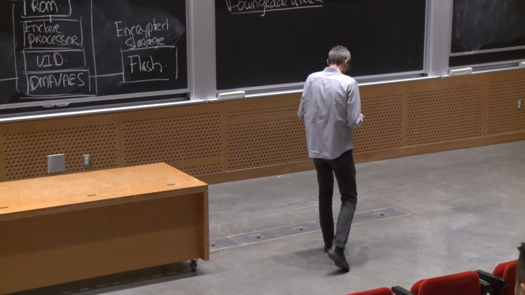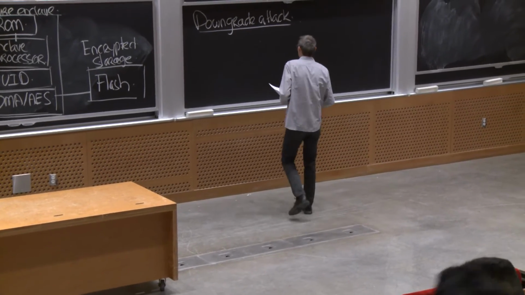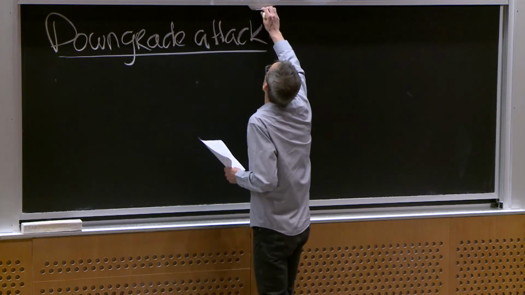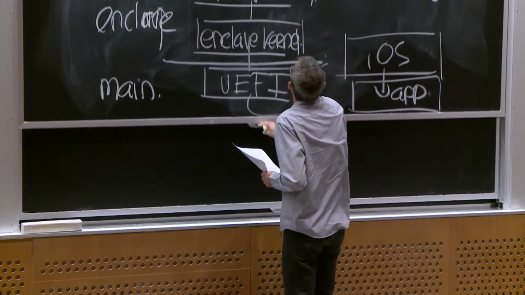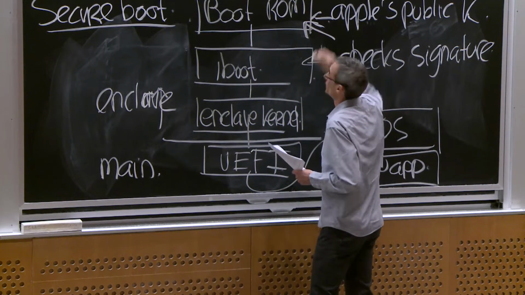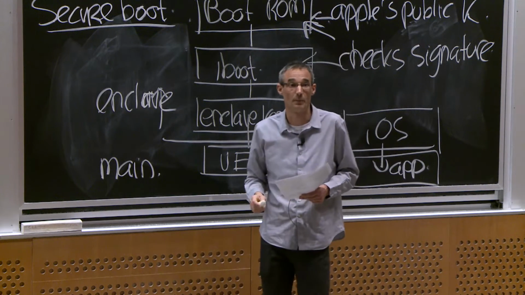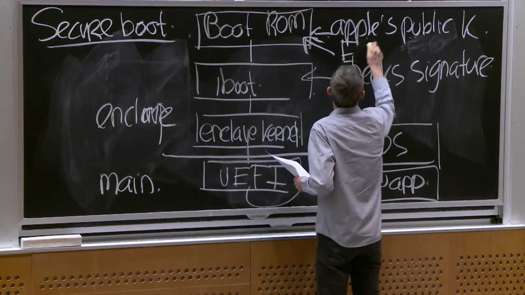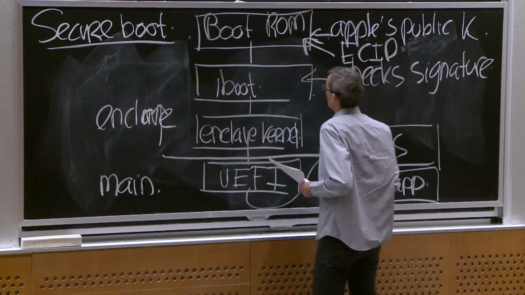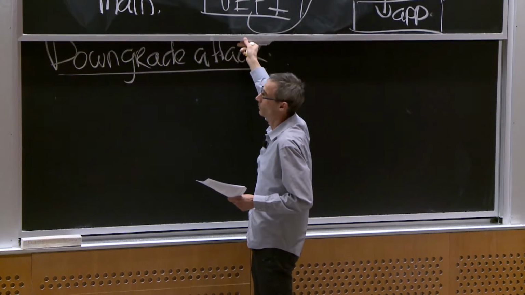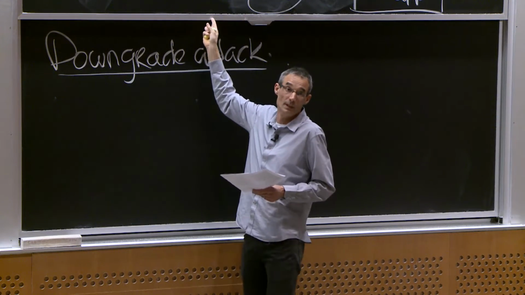And so what do they do against that? Well, it turns out they have the following plan. In addition to Apple's public key, there's another piece of information stored basically in this read-only memory, which is called an ECID. And this is a unique identifier, a 64-bit number that basically identifies your phone uniquely.